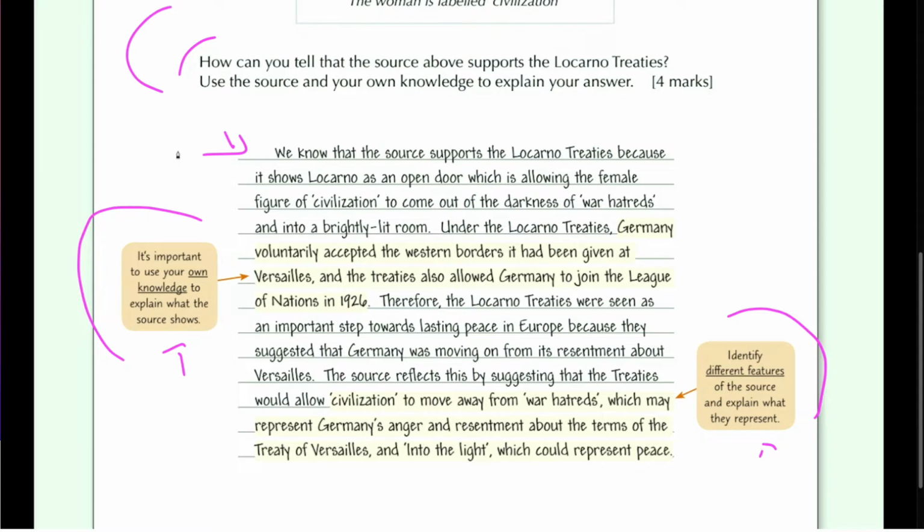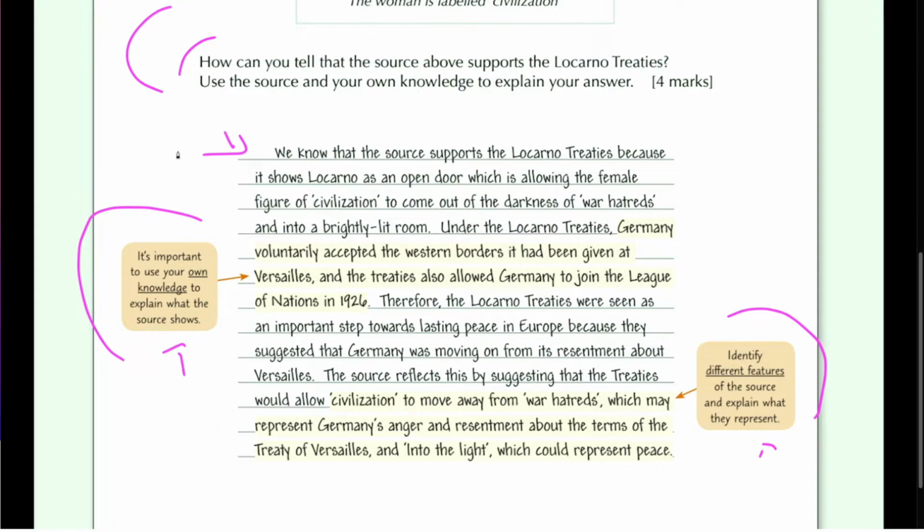The sample given here begins like this. We know that the source supports the Locarno treaty because it shows Locarno as an open door which is allowing the female figure of civilization to come out of the darkness of war hatreds and into a brightly lit room.